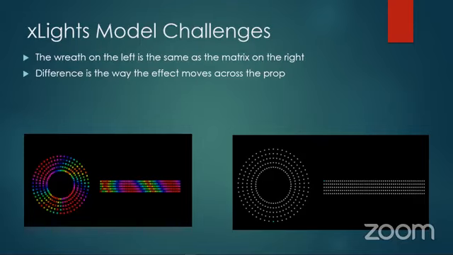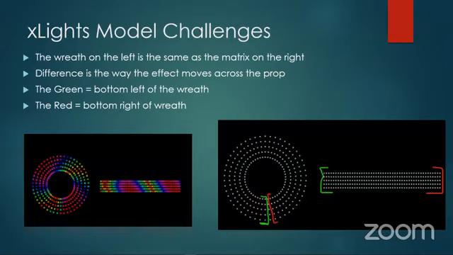Well, it's because xLights has some model challenges, and it's a little hard to draw. It's not exactly perfect, but in the screen on the right, I kind of blew it up a little bit. You can see here where we have these green brackets and the red brackets, okay? The green represents the bottom left of the wreath. So this is the bottom left side of the wreath.